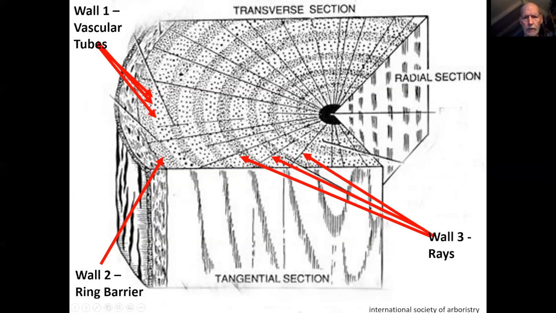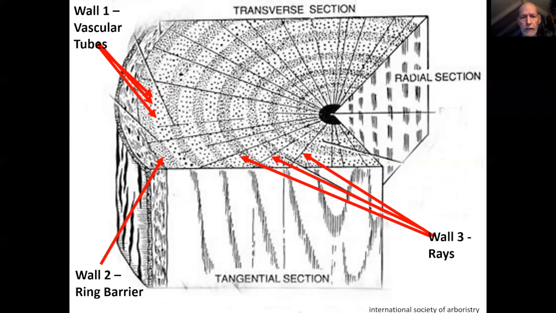So I don't know if you know what rays are all about. Rays are used to move the waste products, basically, of the chemical reactions that take place inside the tree into the center of the tree. So, the roots are taking up water and nutrients, and those nutrients are in many cases minerals, iron, phosphorus, and so on.